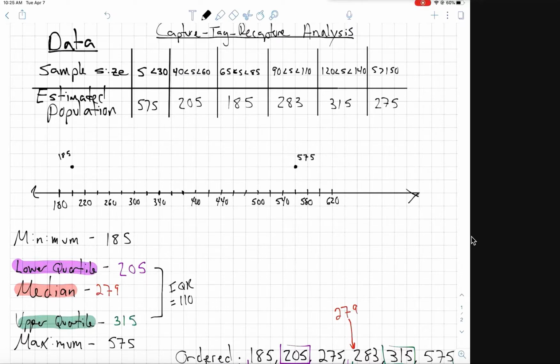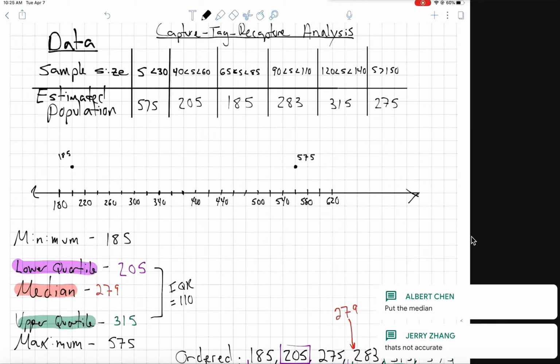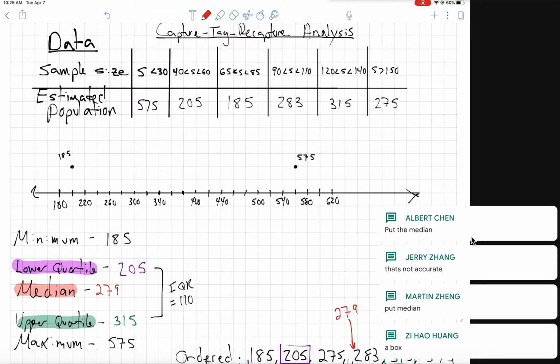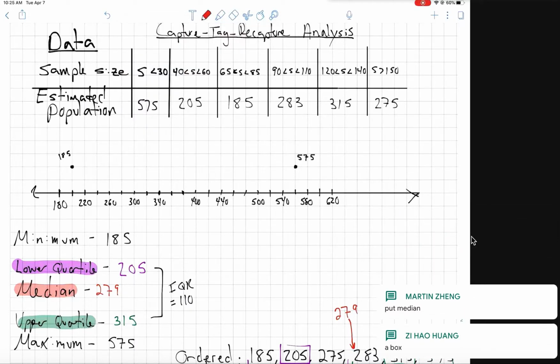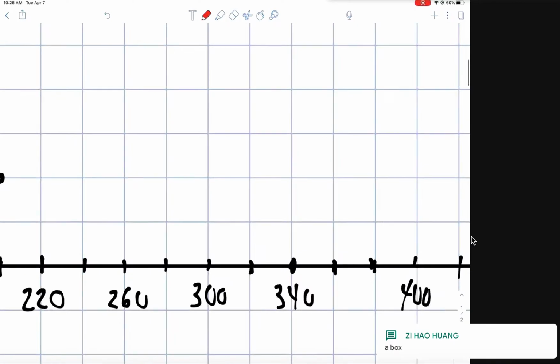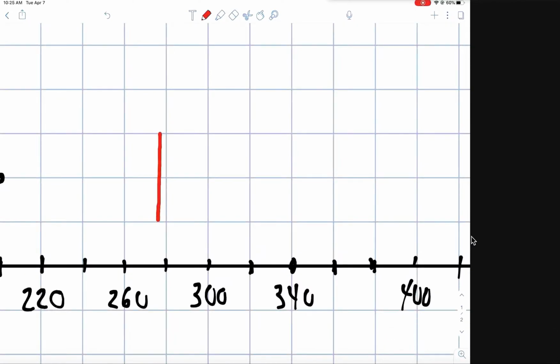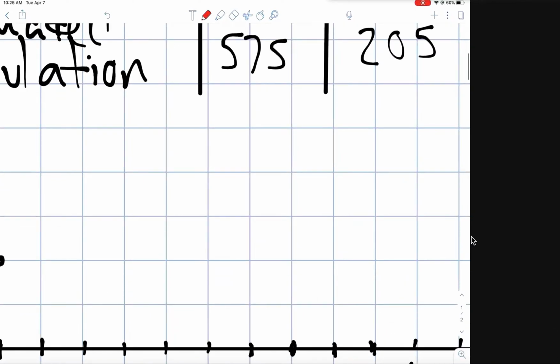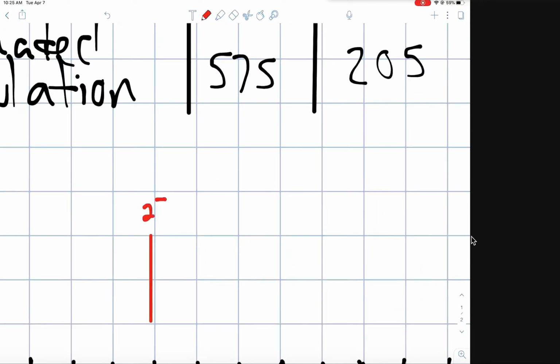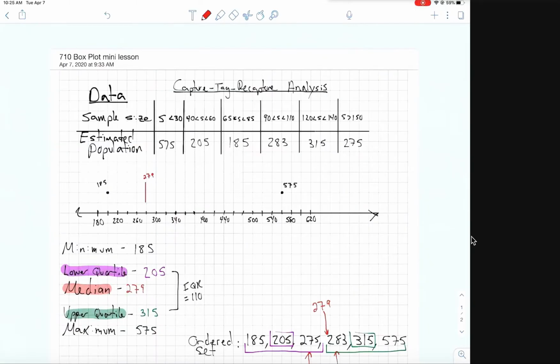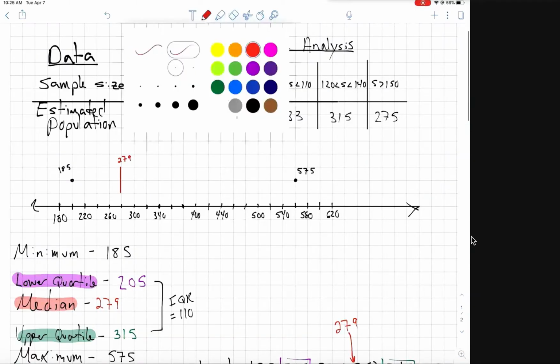What else do we need in our box plot? Put the median. Median is 279. We have our lower quartile, which is 205.